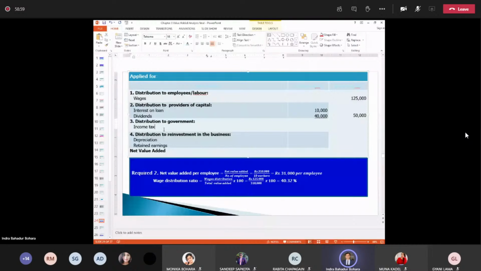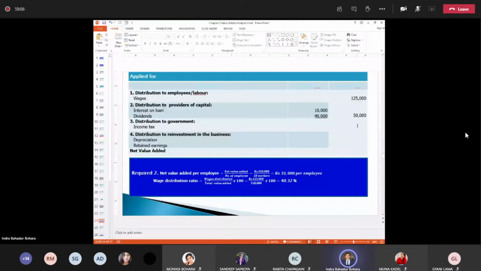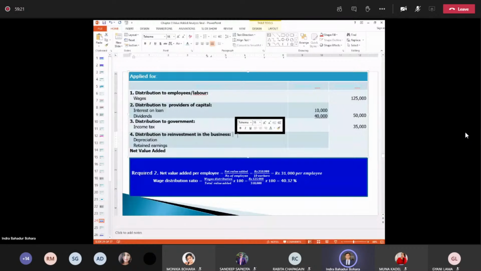Income tax is 35,000. Only one. There is no rent tax, property tax. Therefore, directly it is written in the amount column, 35,000, the second amount column. And lastly, distribution to reinvestment in the business. The amount of depreciation is separated and kept for reinvestment in the future.